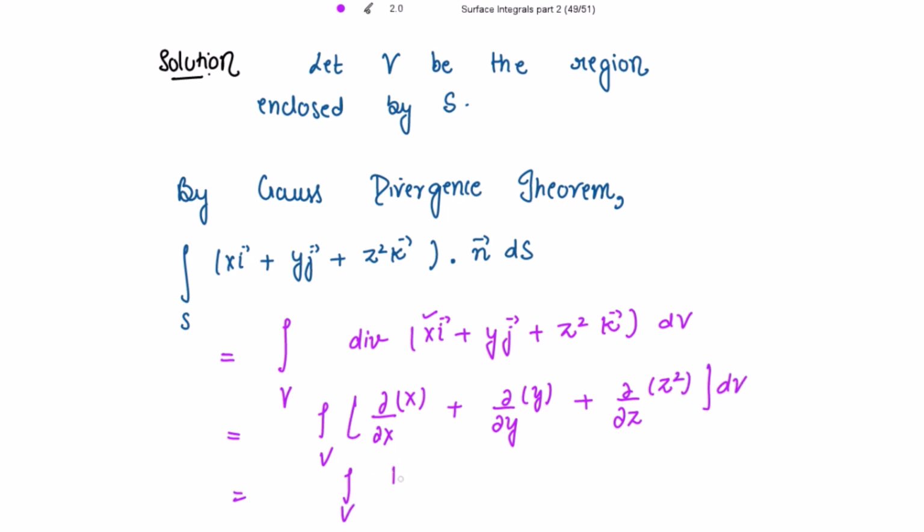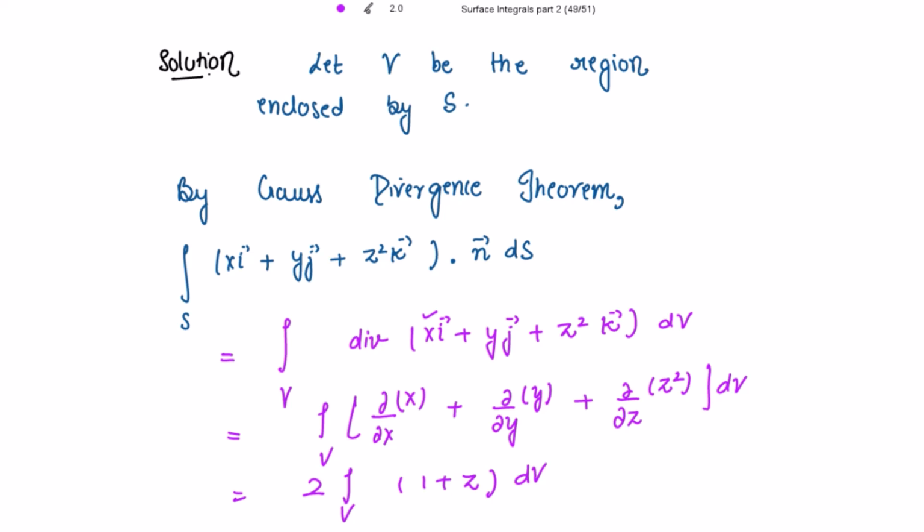So the first term gives 1, the second term is also 1, and the third term is 2z, which can be written as 1 plus 1 is 2, 2 plus 2z, that is twice of (1 plus z). We can take this 2 outside of the integral.